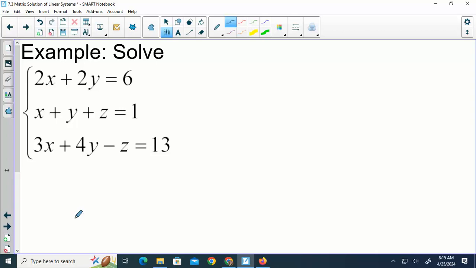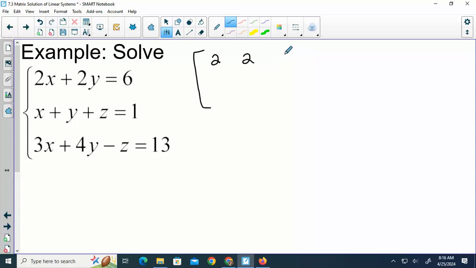Let's try this problem. First matrix: 2, 2.